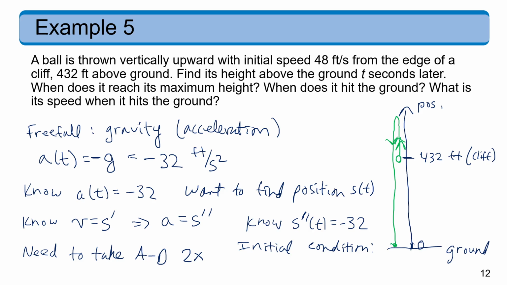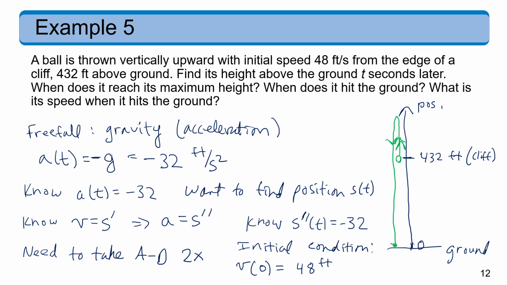Initial means at the beginning, and here at the beginning is time 0. So what did they tell us about what's happening at the beginning? It says there's an initial speed of 48 feet per second. Velocity is like speed, so the initial velocity, in other words, the velocity at time 0, is 48 feet per second.